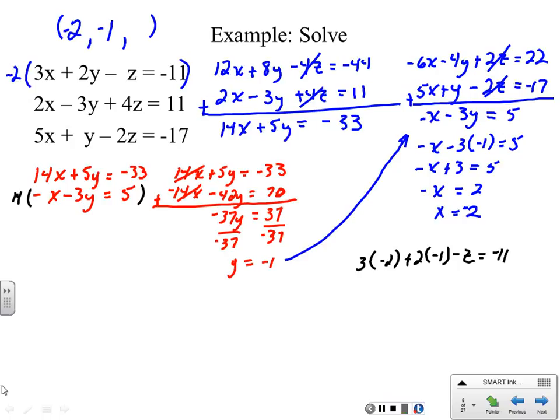It's the ugliest z I've ever made in my life. Okay. So we have -6 minus 2 minus z is equal to -11. So we have -8 minus z equals -11. So if we add 8, we'll have -z is equal to -3. So z is equal to 3.